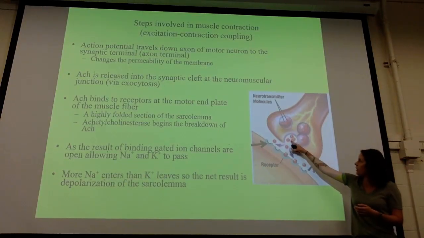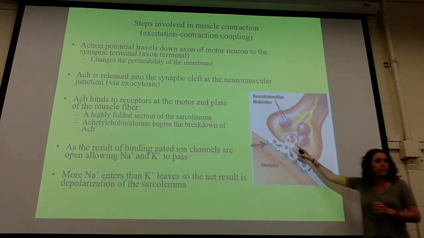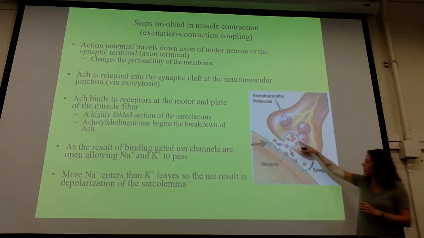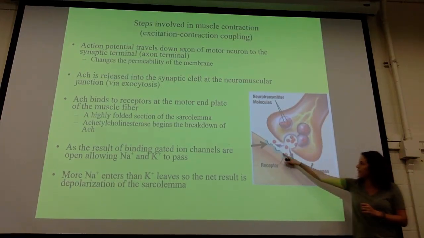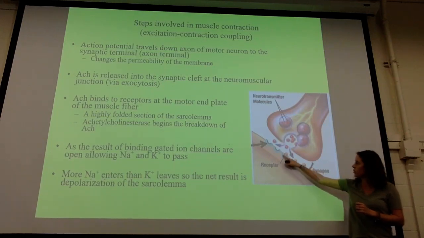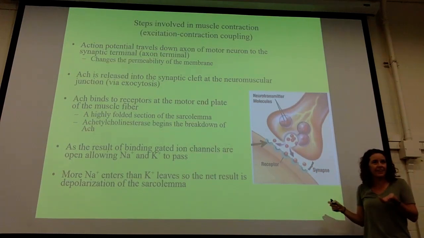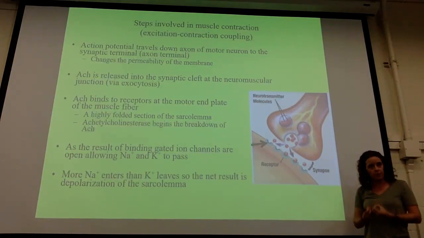Then we send out our neurotransmitter. The neurotransmitter crosses the synapse, binds into little receptor pockets at the motor end plate, starts being broken down.